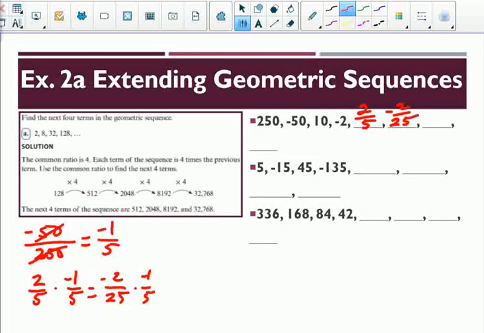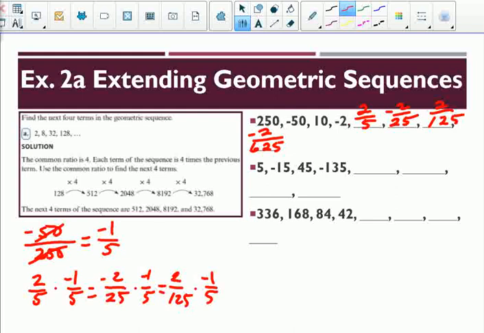Negative 2/25 times a negative 1/5 is a positive 2 over 125. And then I multiply positive 2 over 125 times a negative 1/5. And that will give me an answer of negative 2 over 625.